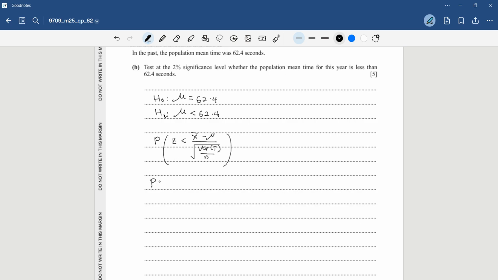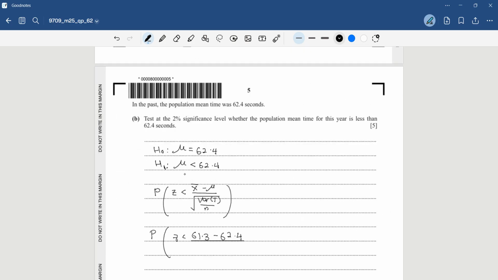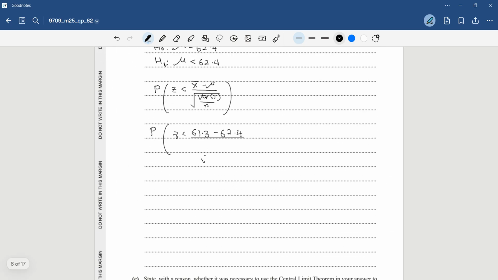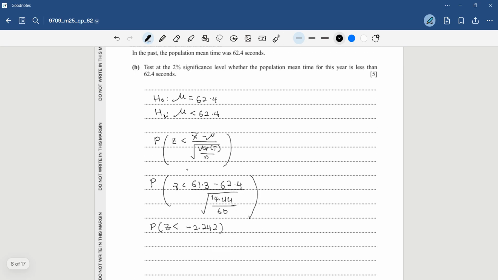My sample mean from above is 61.3 minus 62.4, divided by the square root of 14.44 over 60. So I'll get the probability that z is smaller than negative 2.242.